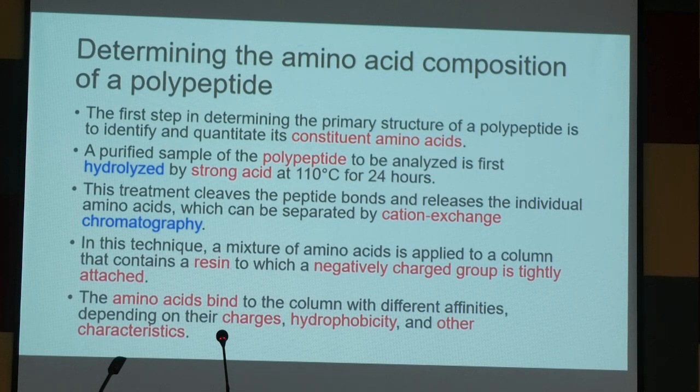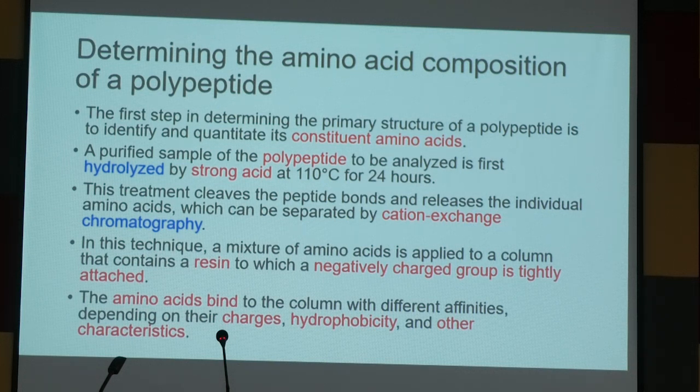In ion exchange chromatography, there can be cation exchange chromatography and anion exchange chromatography. There are other kinds of chromatography also, like paper chromatography and HPLC, high pressure liquid chromatography. But here we are using cation exchange chromatography.